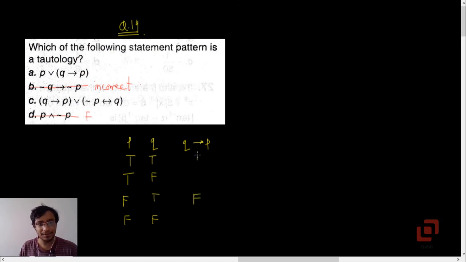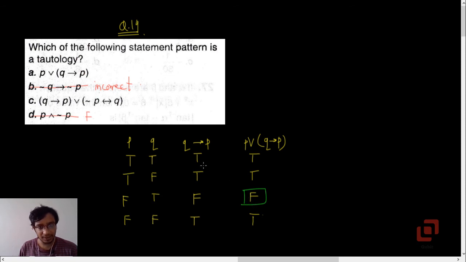Okay, that's false. T, T, T. Okay, and P or that. P or that: true, true, false, right? Yes, and true. So this is not a tautology because it has this false truth value there.